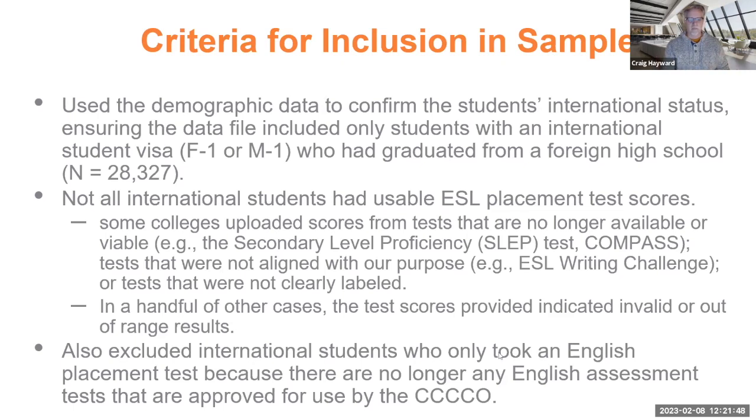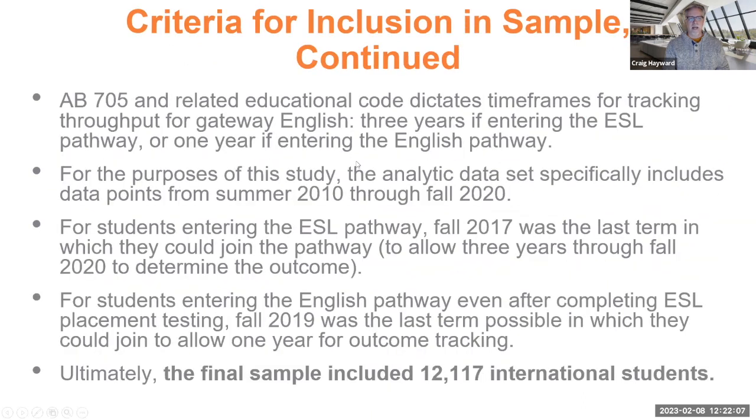We also needed to exclude, for the purposes of this study, students who only took an English test, because we're really interested particularly in the ESL placement tests, since English placement tests are no longer in use in the system. And then we also needed to prune some of the data in terms of time, because of the 3-year window to evaluate throughput for students on the ESL pathway.